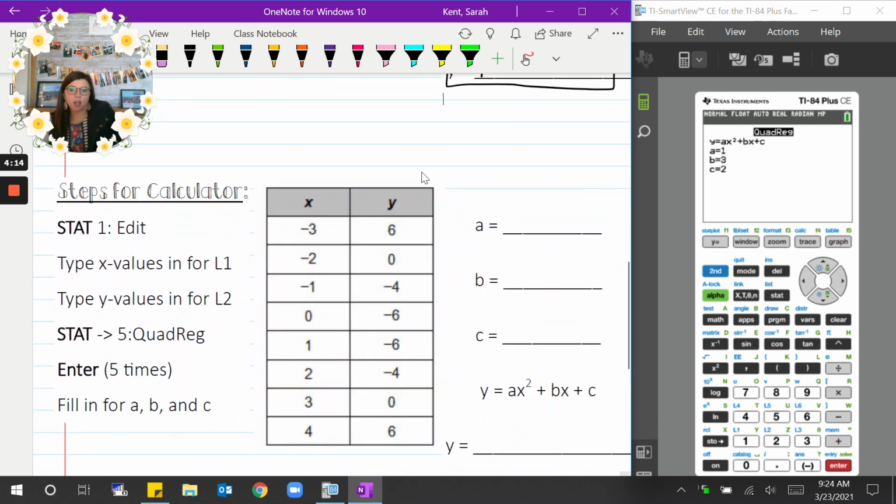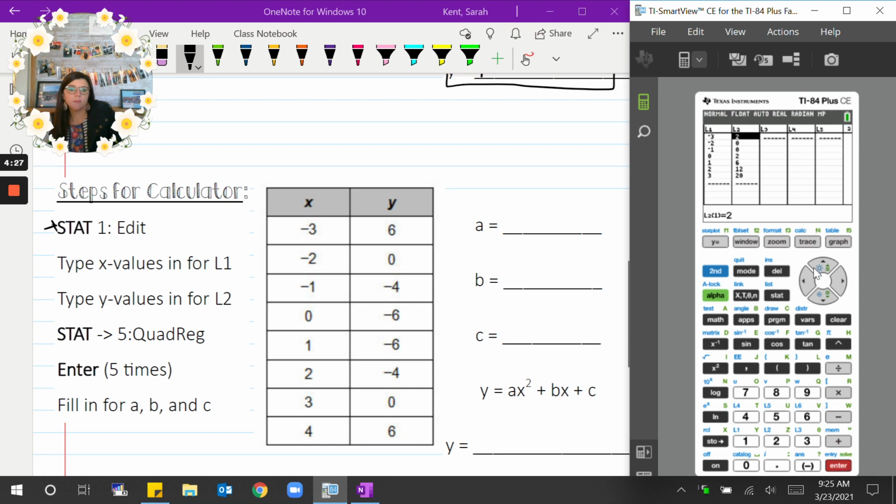Again, I've got a table with x and y, and I'm going to start with Stat first. I'll click Stat, and then I want Edit, so I'll press Enter. But I need to get rid of these old numbers. So I'm going to arrow up, press Clear, Enter, over, arrow up, press Clear, Enter.